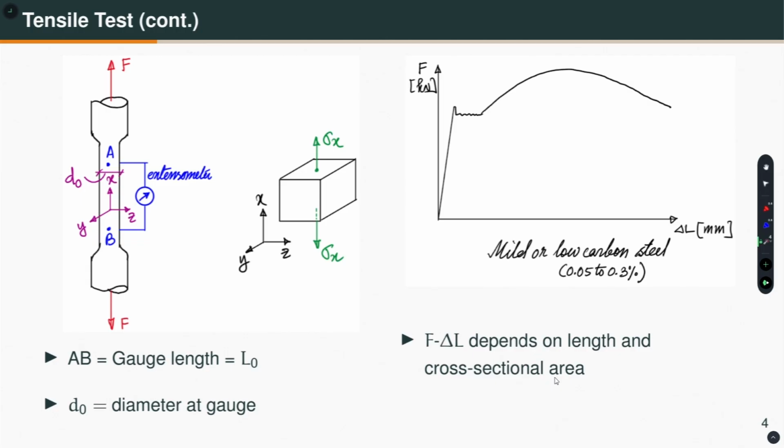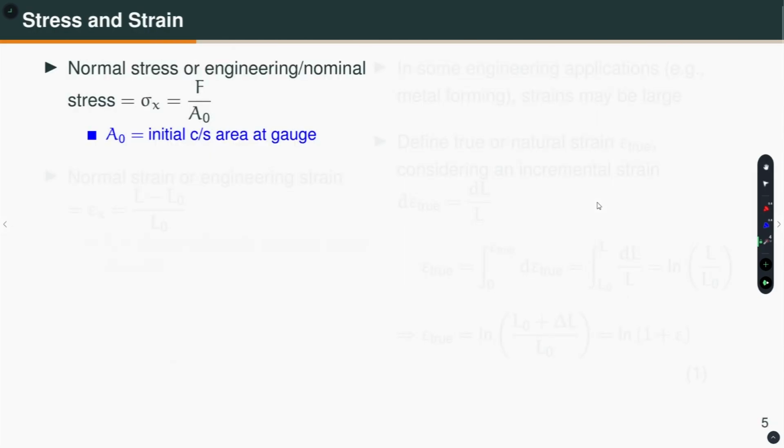So, we convert this force deformation relationship to stress and strain. We define the normal stress, or the engineering stress, also called the nominal stress, which is the load divided by A0. A0 is the initial cross sectional area of the gauge section.